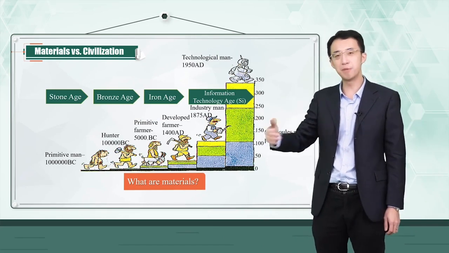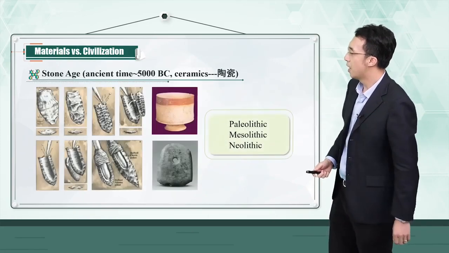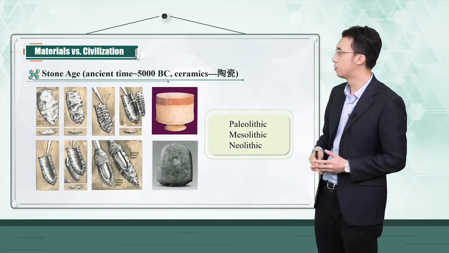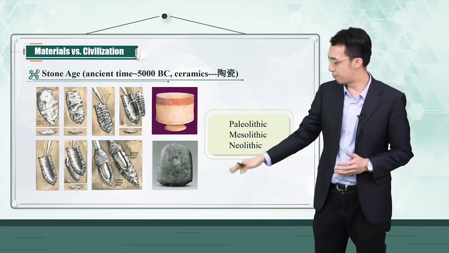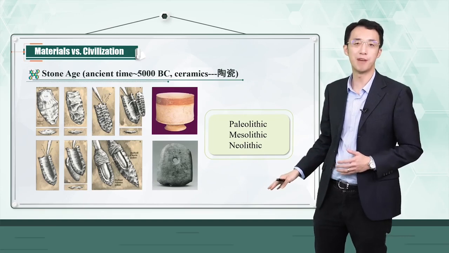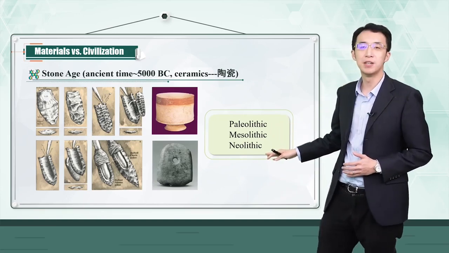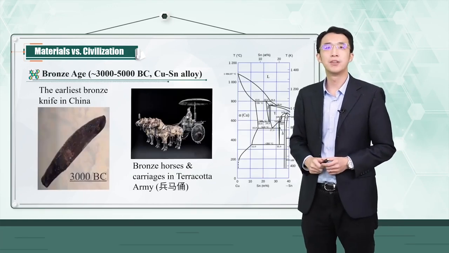They correspond to the different mainstream materials that people used in that period of time. For example, in the so-called Stone Age, the main material that people used is ceramics. Here I just show a few examples of ceramic tools fabricated by human beings in the Paleolithic, Mesolithic, and Neolithic ages.